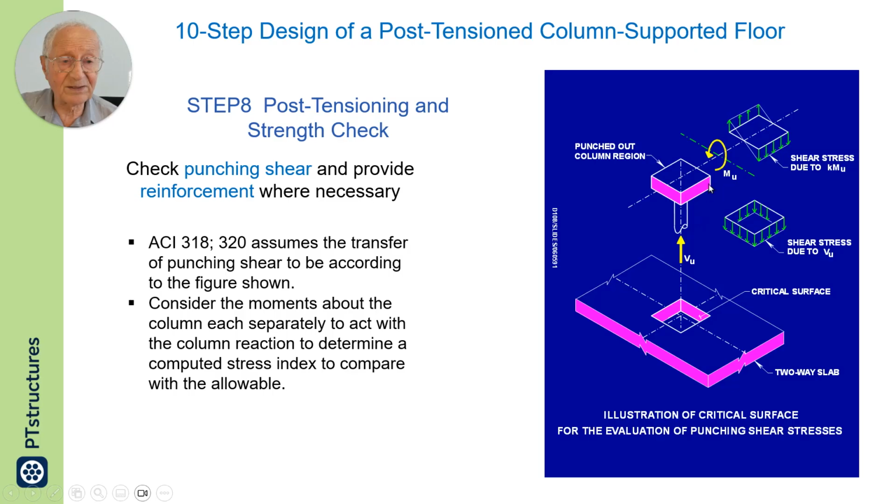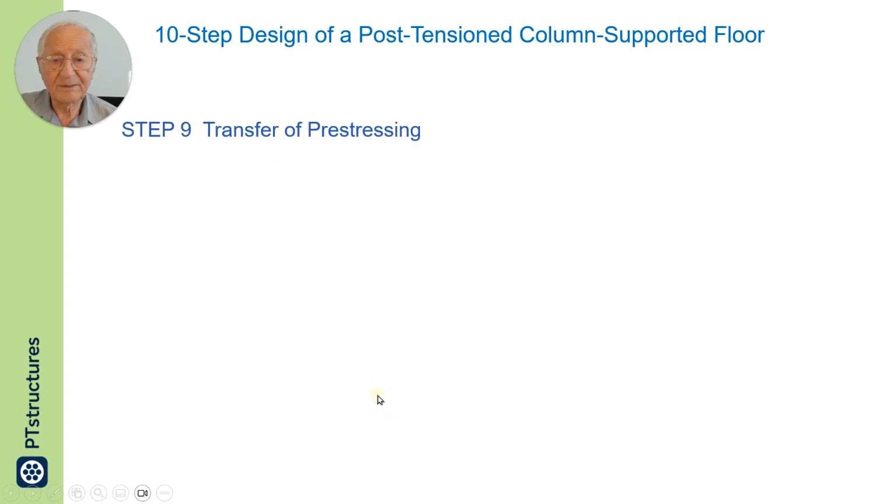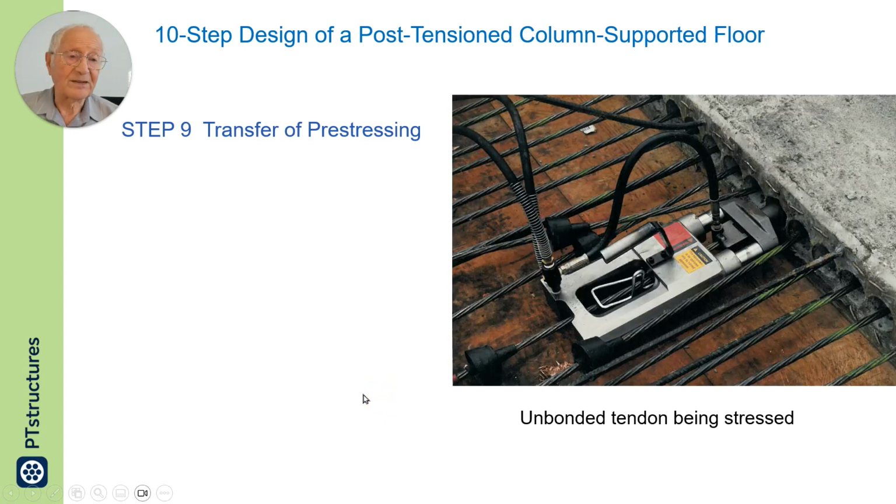You have axial and you have moment, you have stresses, and you calculate the stresses to be the sum of the two. That stress has to be less than the permissible value, otherwise you put reinforcement, punching shear reinforcement, provided that the stress is within allowable.